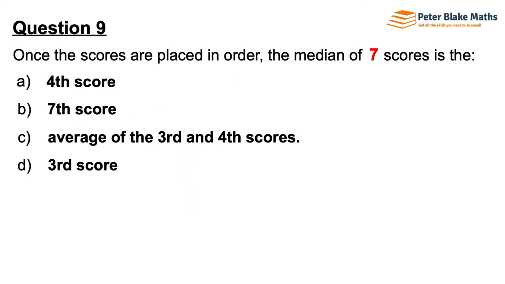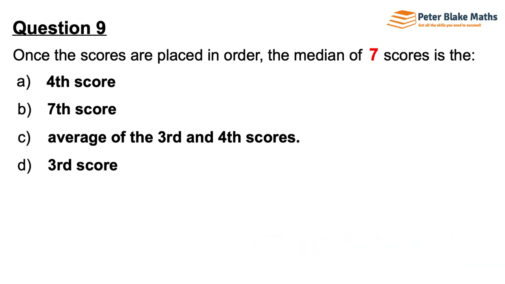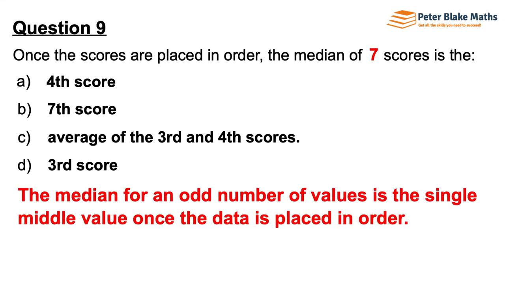Question 9. Once the scores are placed in order, the median of 7 scores is the 4th score, the 7th score, the average of the 3rd and 4th scores, or the 3rd score. The median for an odd number of values, and we have 7 scores in this, is the single middle value once the data is placed in order.